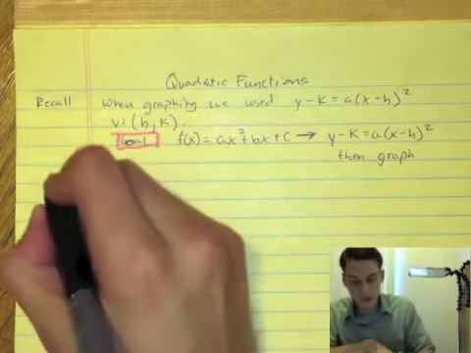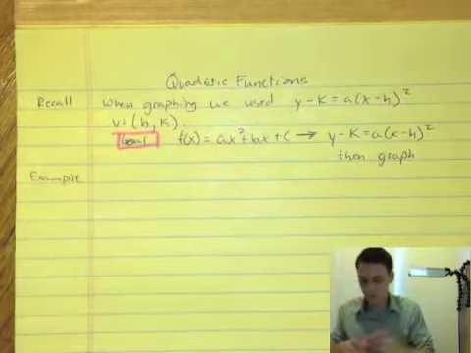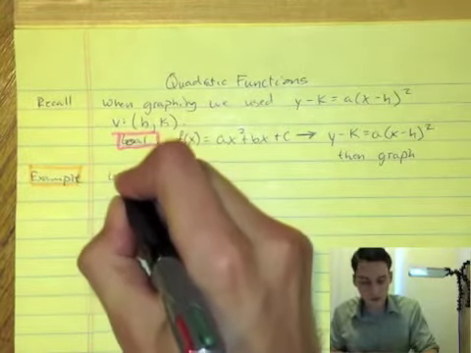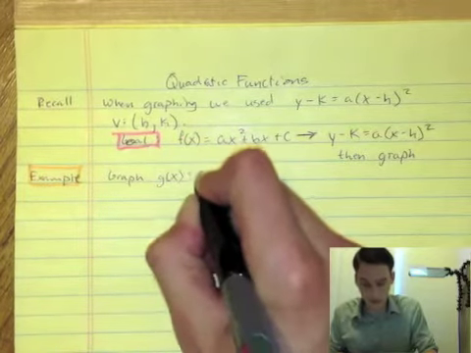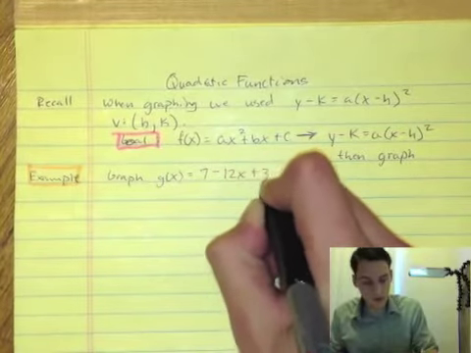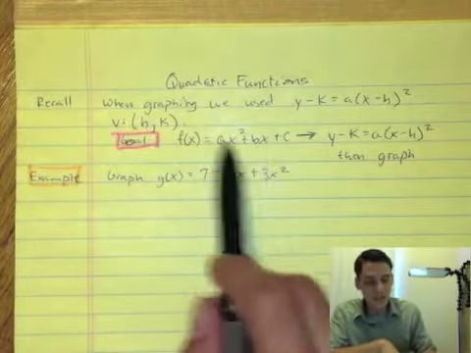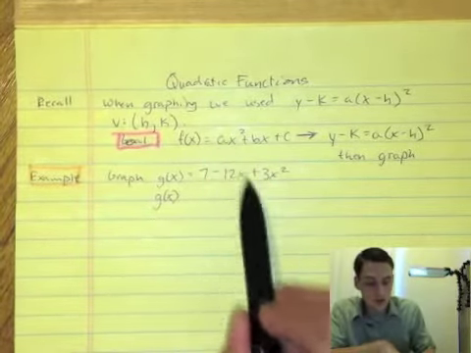So first example, graph g of x equal to 7 minus 12x plus 3x squared. So this is not exactly in standard form, so we can put it into standard form by making the x squared term come first.